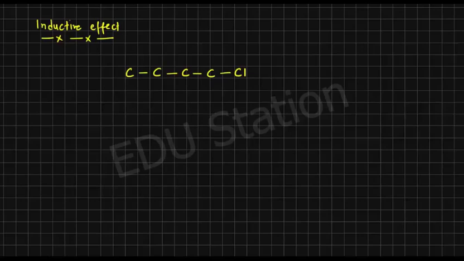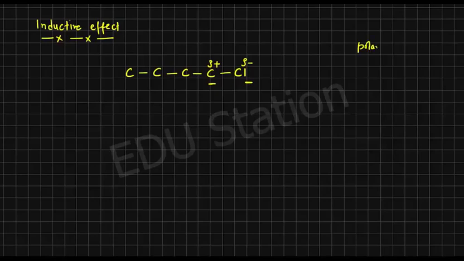Carbon obviously has 4 bonds and the last carbon is connected to chlorine. Chlorine, being more electronegative than carbon, will withdraw these electrons. So, this will be delta negative, this will be delta positive. Delta means a small charge; this has a small negative charge, this has a small positive charge.